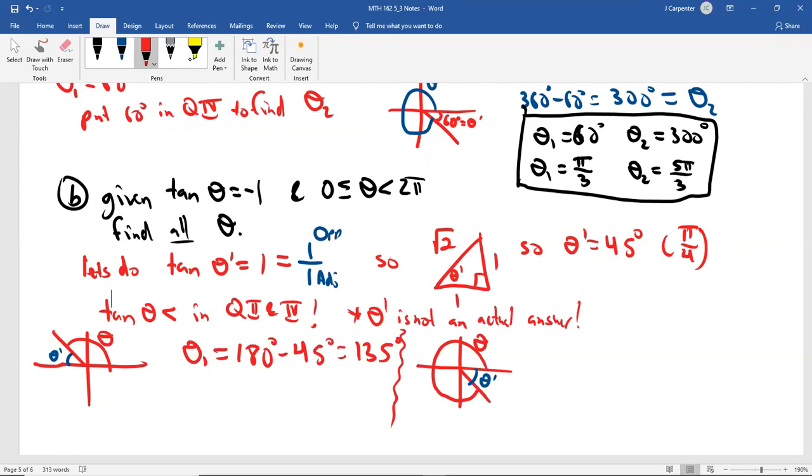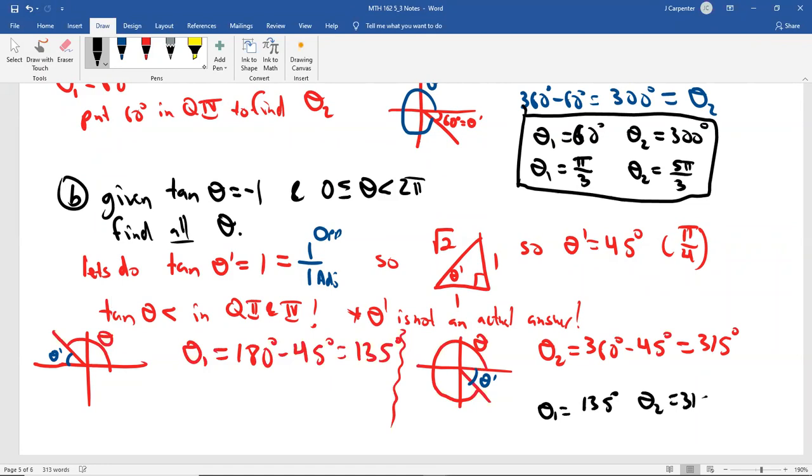So to play around with 45 degrees to get an answer in the appropriate size, you would have to do 360 degrees minus 45 degrees, which ends up being 315 degrees. So our solution in degrees is 135 and 315. In radians, what's that? 3 pi over 4 and 7 pi over 4.